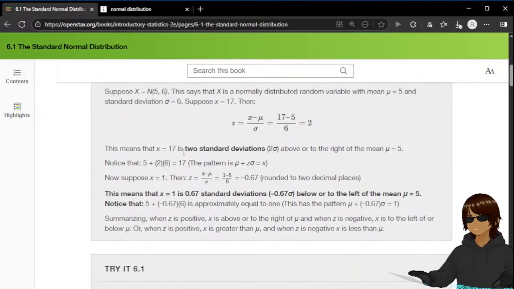This means that 17 is 2 standard deviations above, or to the right of, the mean 5. Now suppose x is 1, then the z-score is minus 0.67. That means 1 is 0.67 standard deviations to the left of the mean.